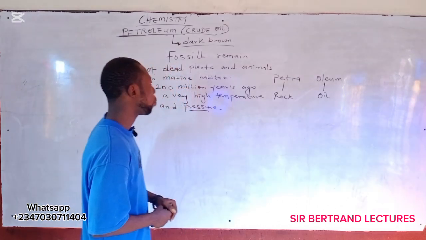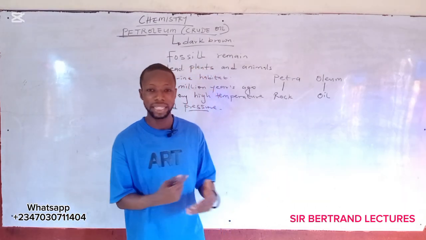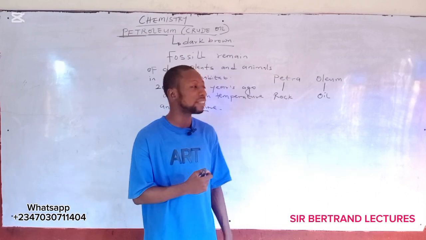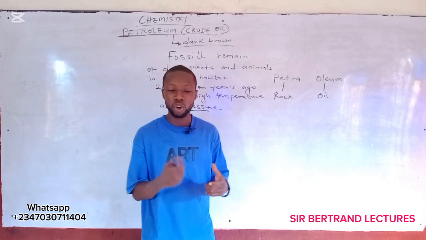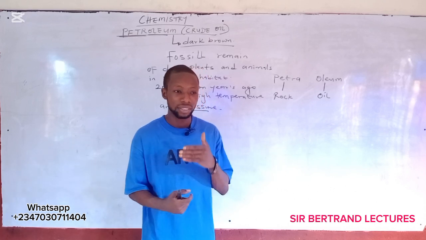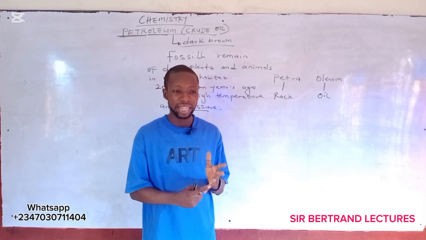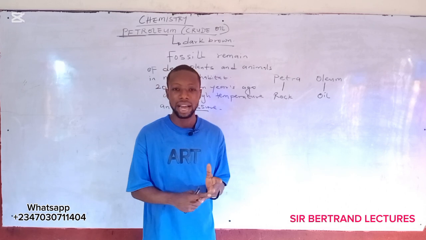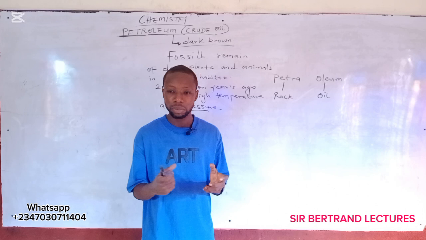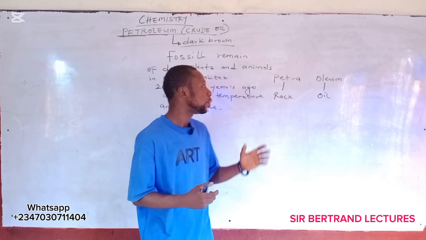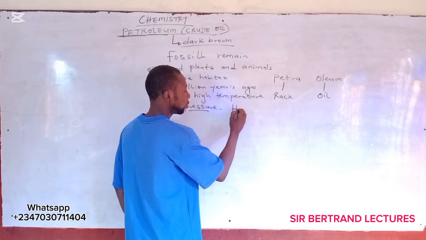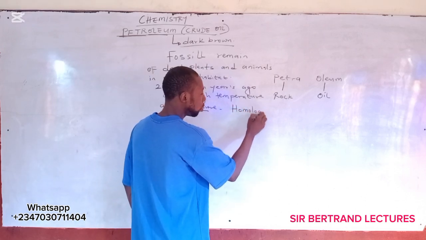Now we are going to look at the components that mix together to form petroleum. Petroleum is an organic compound that contains the homologous series of alkane, cycloalkane, and aromatic hydrocarbon. All these are the homologous mixtures that mix together to form petroleum.